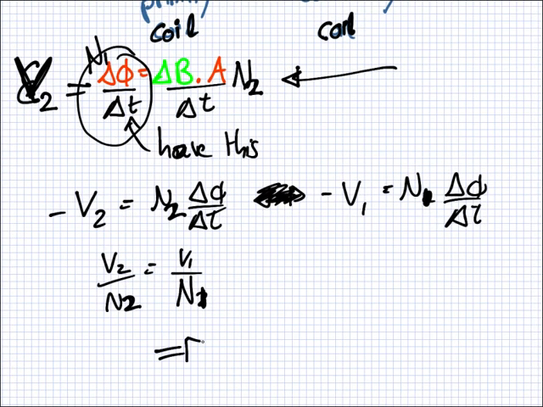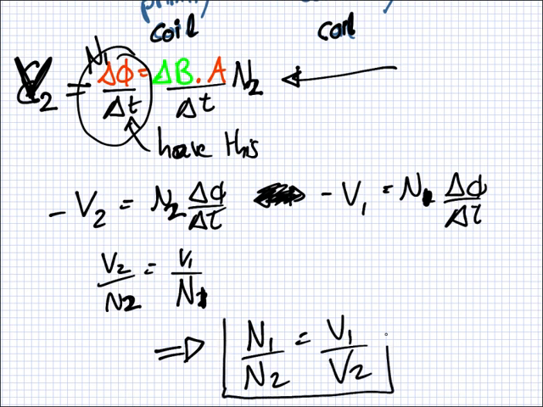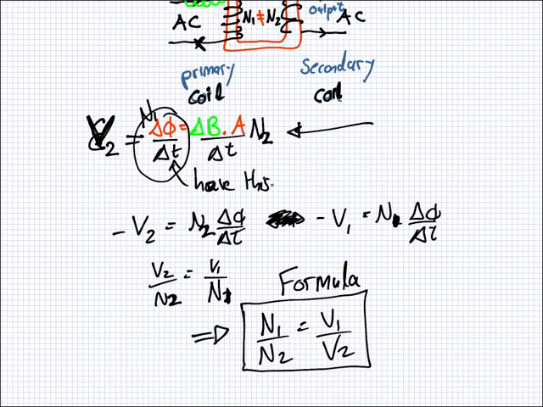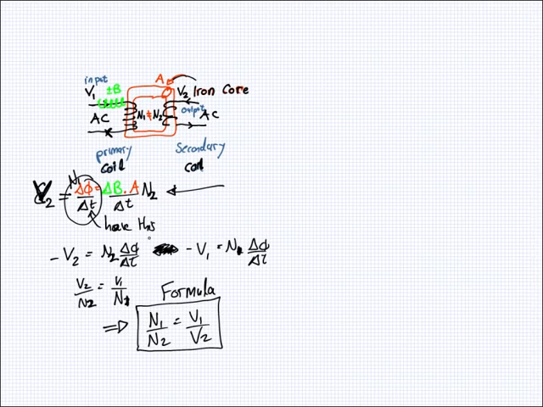So that means we get the final result here. N1 over N2 equals V1 over V2. That's the result here. This is our formula. So do you see what's happening? If you have more turns here and less turns here, what happens to the voltage? Do you have more or less voltage?